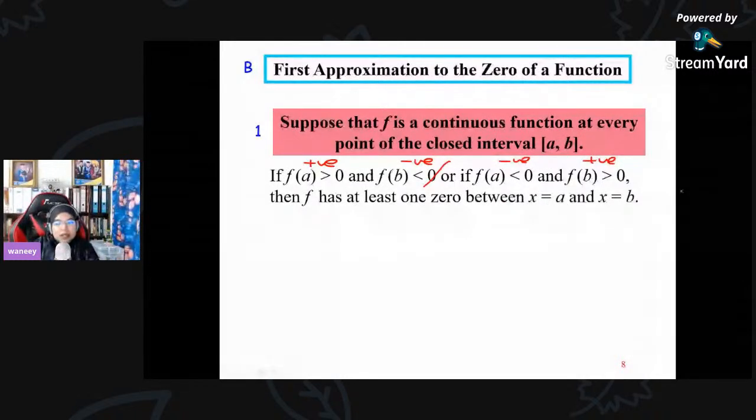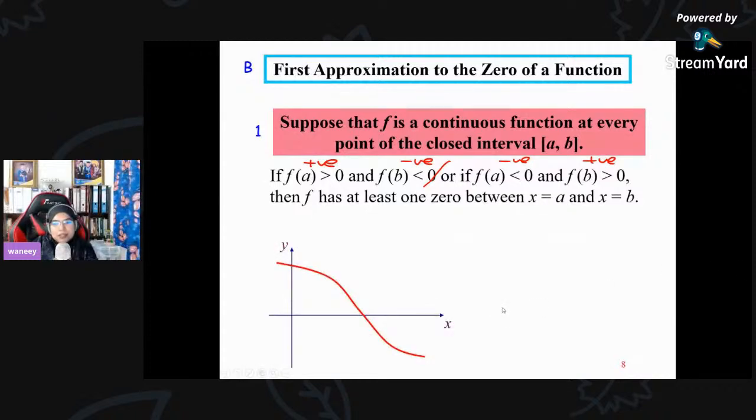Based on the graph, you can see it something like this. a is on the left hand side. If you substitute the value of a into your function, the value of y is greater than 0, so this is a positive value. And then substituting at b, you see that f(b) is less than 0, so that is a negative value.